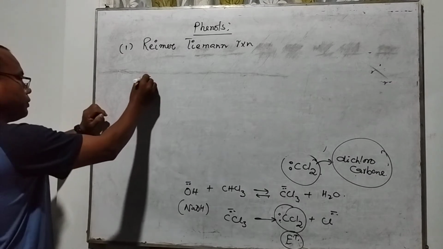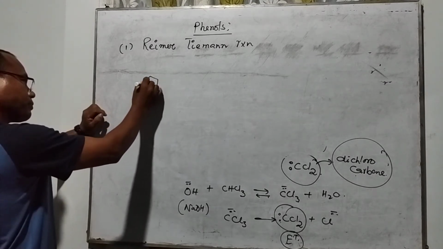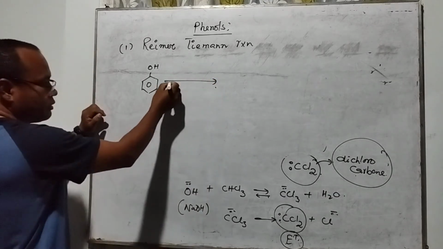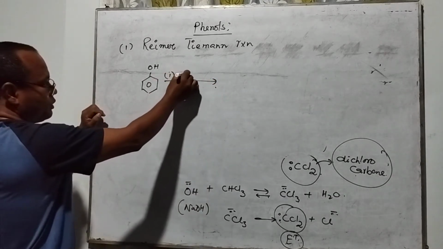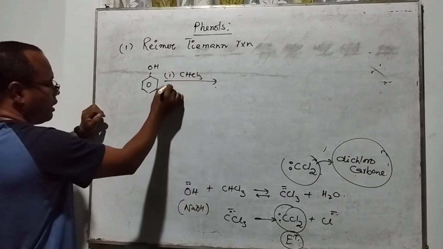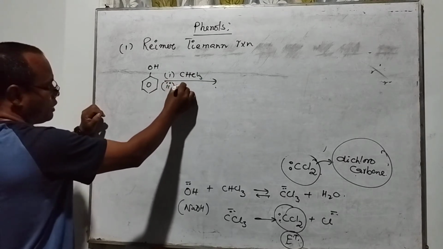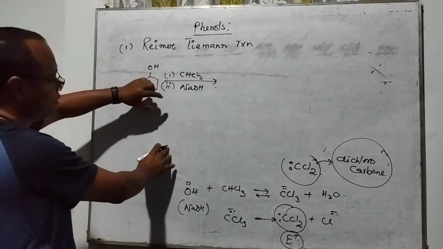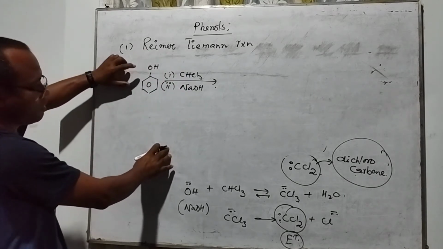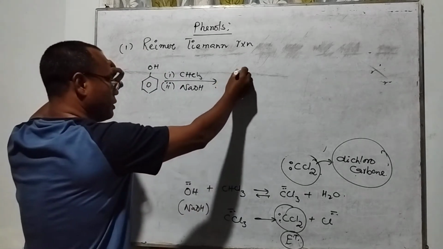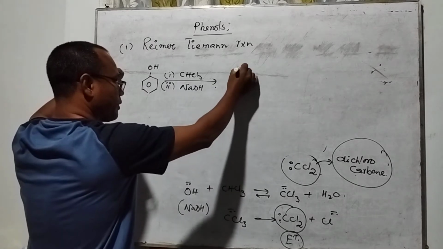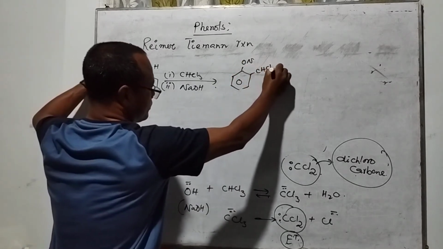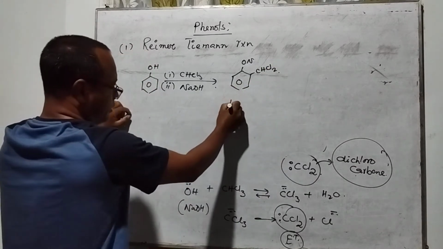See, this is the phenol. In this reaction, the first reagent we use is chloroform, and the second reagent is sodium hydroxide. Using these reagents, the phenol forms a compound like this. This is the intermediate.